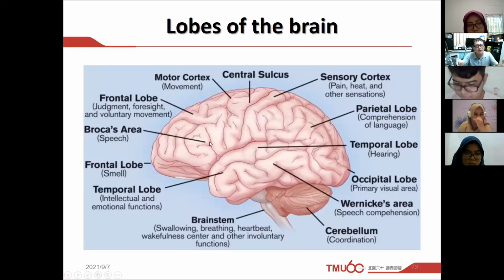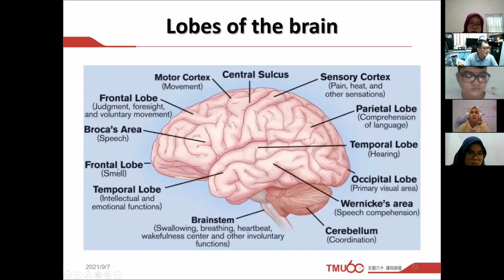It will integrate all the information to allow you to use your muscles to start to speak, and it will give the command to the motor cortex, allowing you to form speech with meaning. That's a very important part, Broca's area.